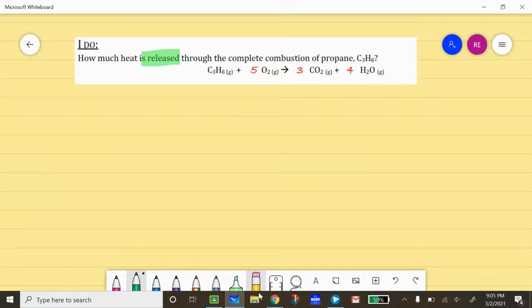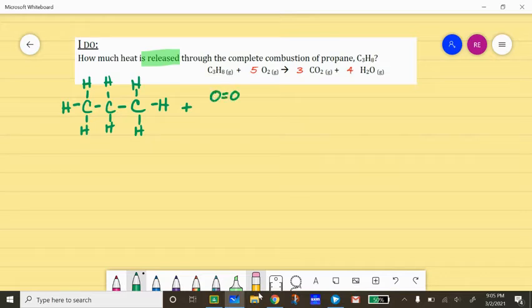We start with the reactants, which is propane, C-C-C with 8 H's around it, 1, 2, 3, 4, 5, 6, 7, and 8. We also have 5 oxygen molecules, each an O double bonded to an O, and we've got 5 of those.